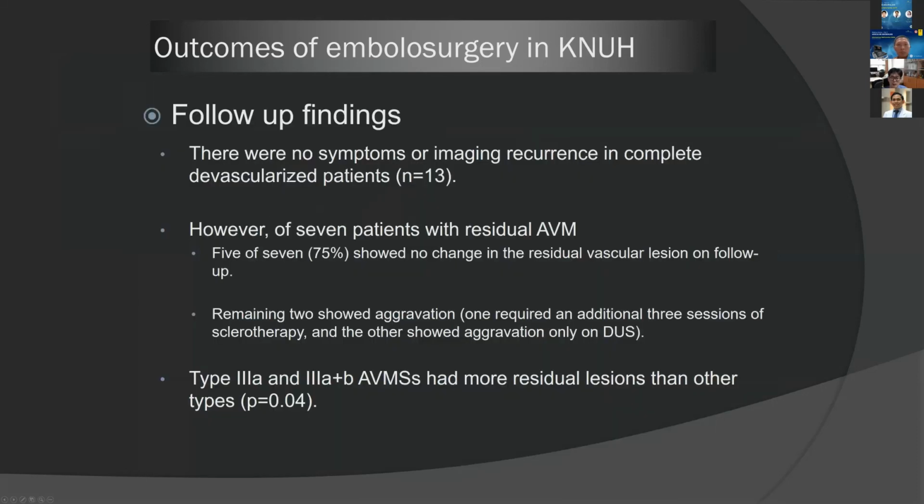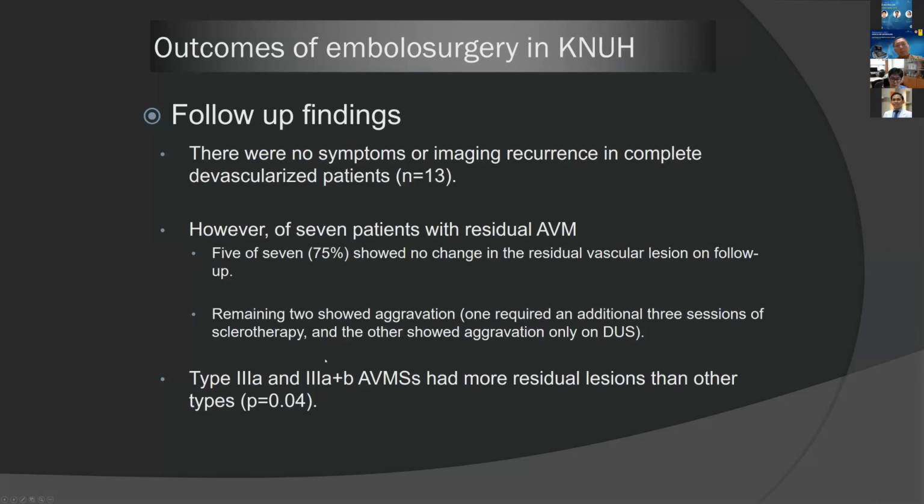On follow-up, there was no symptom or image recurrence in patients completely devascularized by preoperative embolization. However, 7 had a residual AVM. And type 3A and type 3A plus B show more residual lesion than other types.